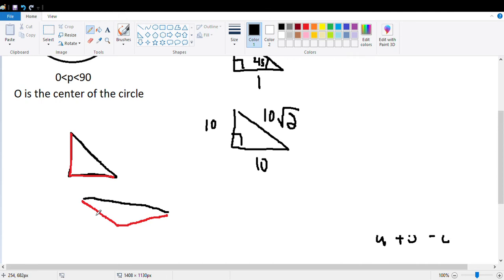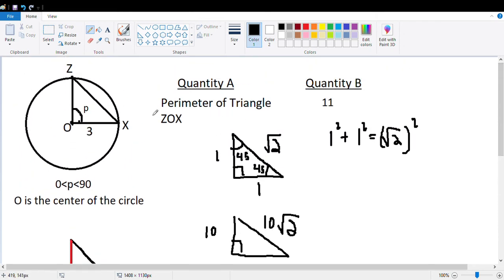And if I close these two red sides closer together, the black side is smaller. So that tells me that the largest possible perimeter of this triangle is when this angle is as large as possible.